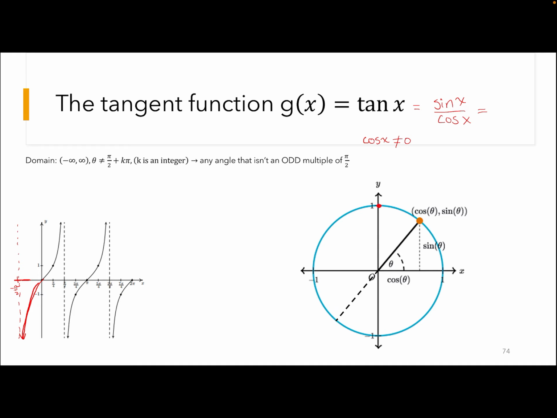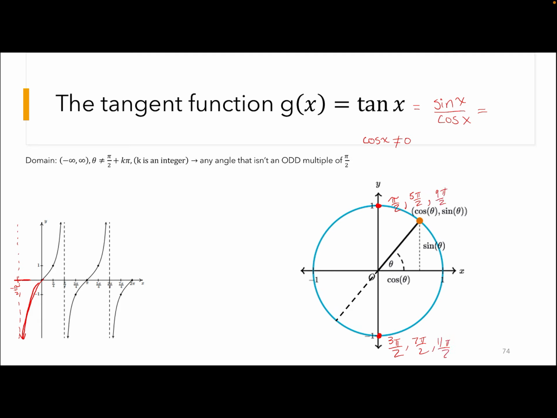And so remember, cosine is an x value. So cosine is 0 on the y-axis. And that's going to be the angle is pi over 2. This angle is 3 pi over 2. The first coterminal angle is going to be 5 pi over 2. The next one is 7 pi over 2. Then we get 9 pi over 2.